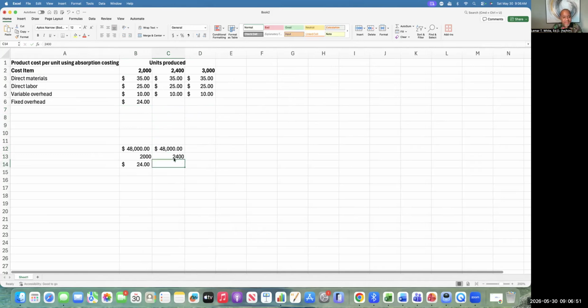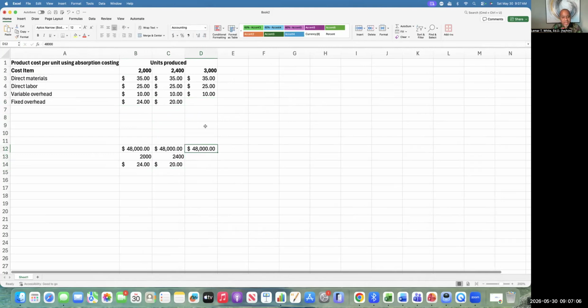So I'm going to divide it by 2,400 and it's going to give me my per unit cost, which is $20. And then for the 3,000 production level, I'm going to divide it by 3,000 and that's going to give me my per unit cost. So you see here that the cost is fixed. And at higher levels of production, the per unit cost is less.